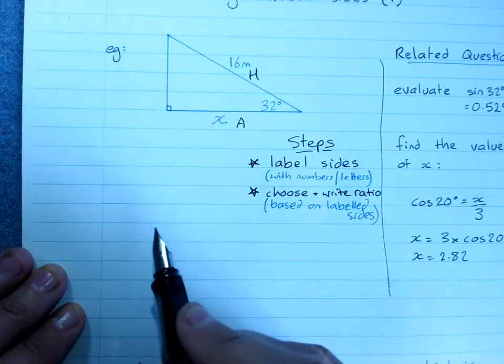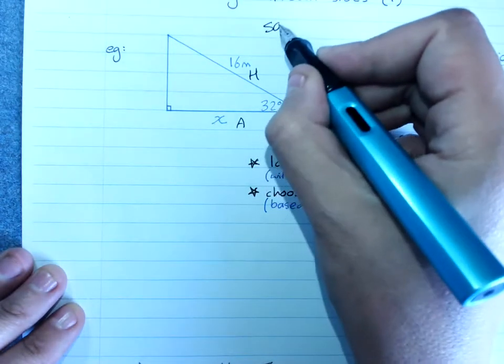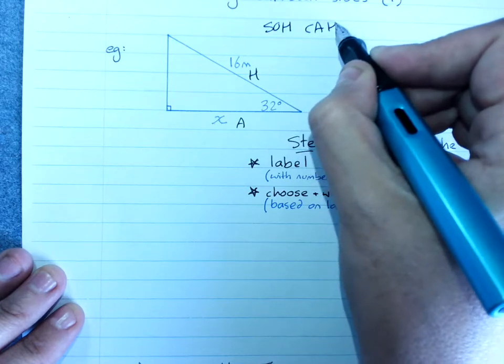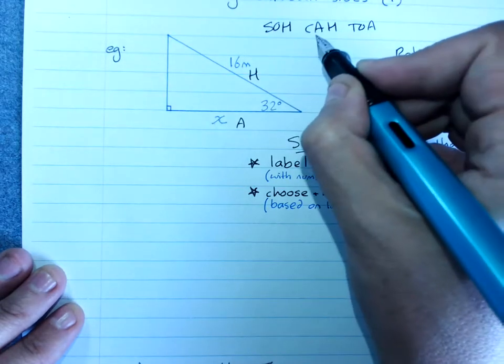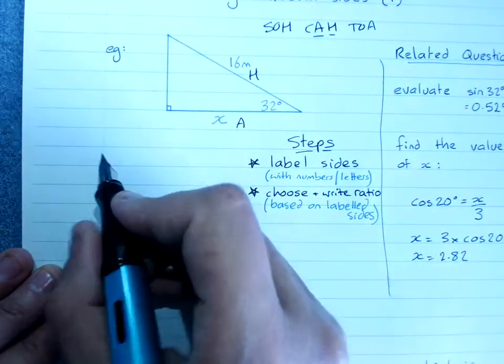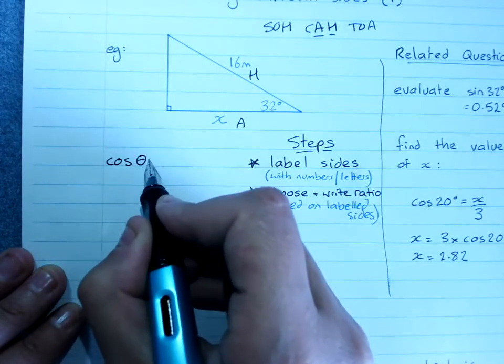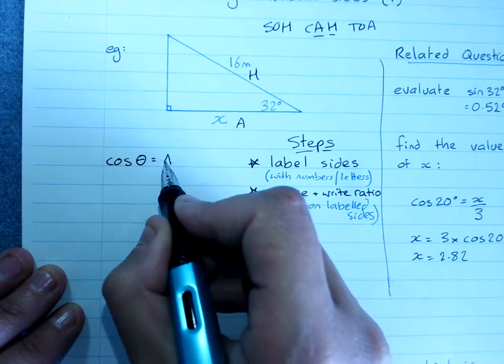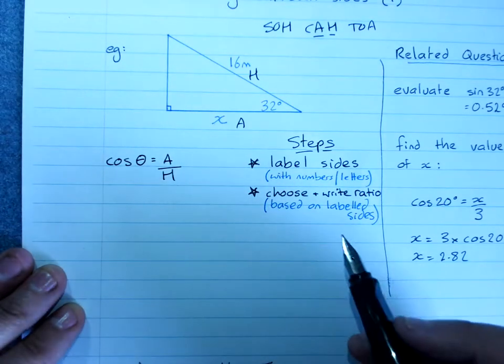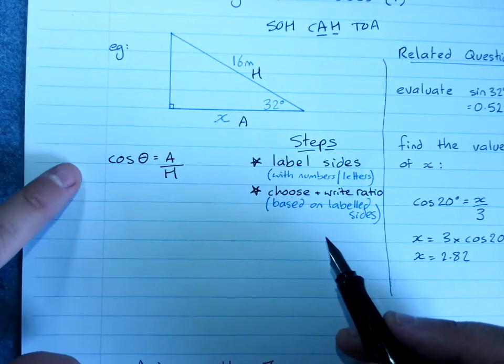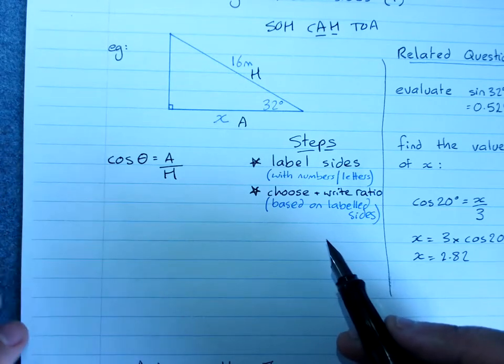That's cos. Remember SOHCAHTOA? I've got adjacent and hypotenuse, I can use cos. Write your ratio, cos theta equals adjacent over hypotenuse. There will be 4 lines of working, and you must start with the ratio.